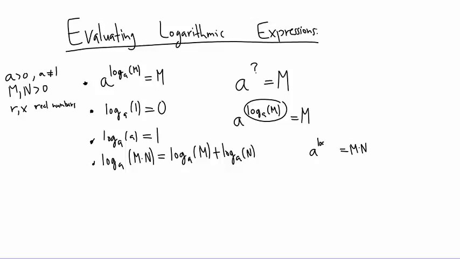The exponent that makes this true is the log base a of m times n. Here we have the log base a of m that makes it true, and here we have the log base a of n. So m is equal to a to the log base a of m, and n is equal to a to the log base a of n.